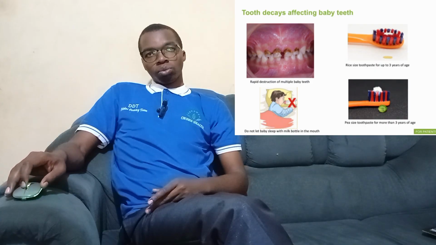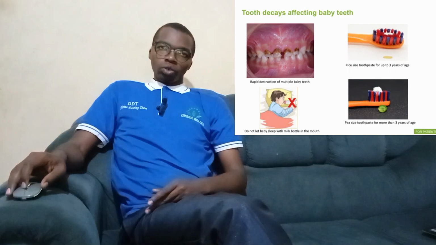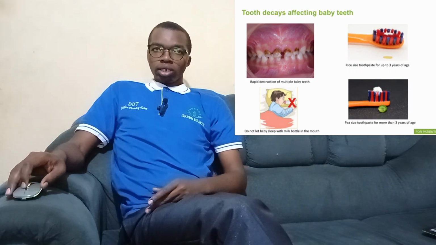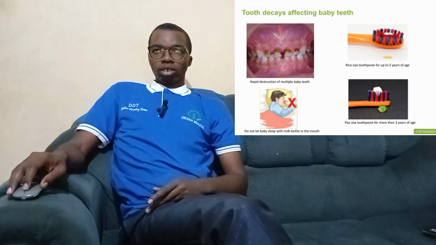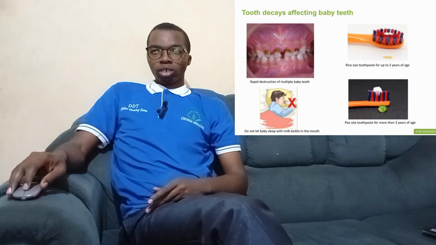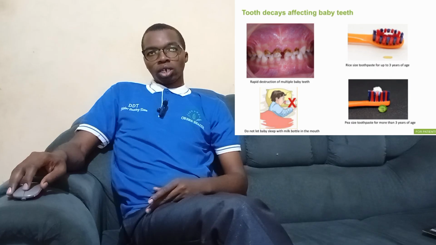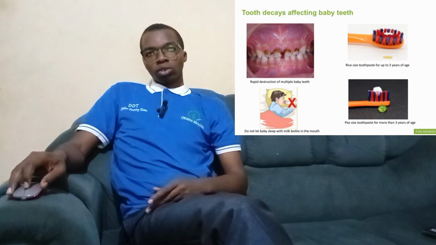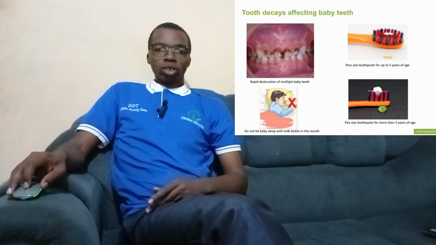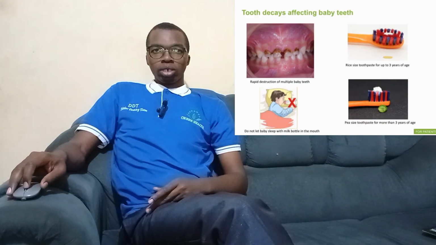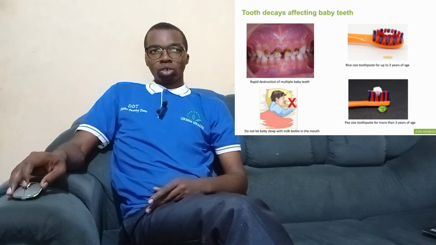For a small child up to 3 years of age, they should use rice size toothpaste, a very small size similar to the size of a rice. And for children more than 3 years of age, they use a pea-sized toothpaste. Not too much toothpaste, just a little.